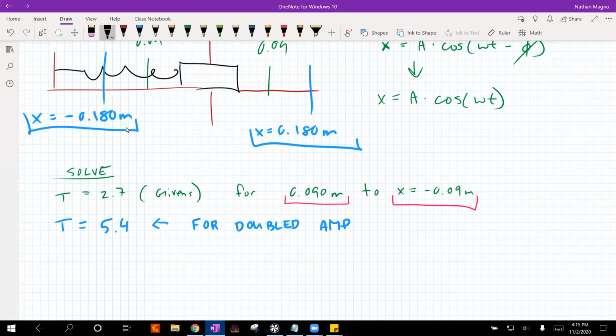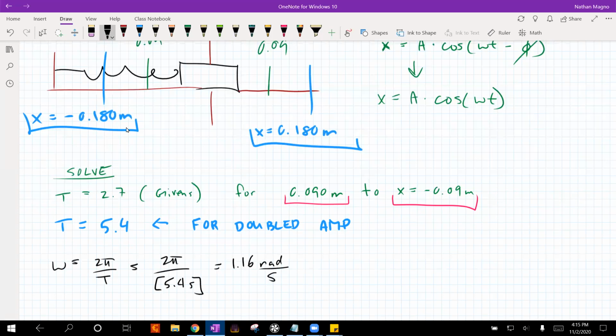So to solve this, we're going to use the angular frequency equation because we need to plug it into here in order to get the distance. So we will do omega equals 2 pi over the period, 2 pi over 5.4 seconds. That's 1.16 radians per second.